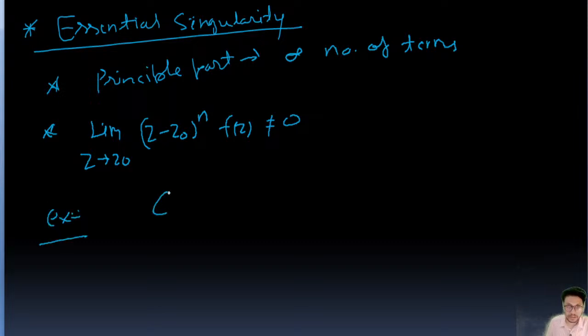For example, I'm going to give an example, it will clear your doubt. If we take the function e to the power 1 upon z, that is an example of essential singularity. How? 1 upon z we will expand.